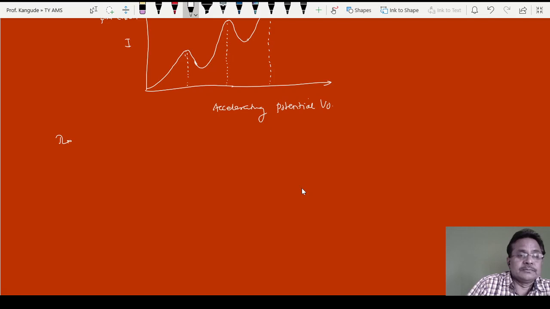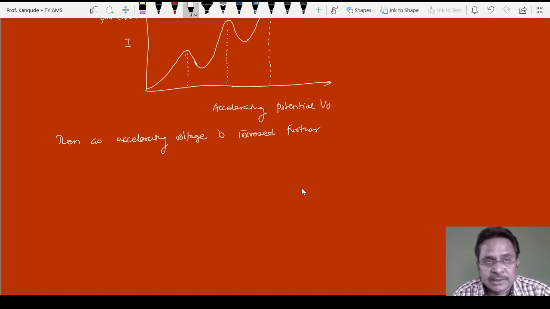Then, as the accelerating voltage is increased further, these electrons which are being accelerated gain more energy, and this reaches some higher value.